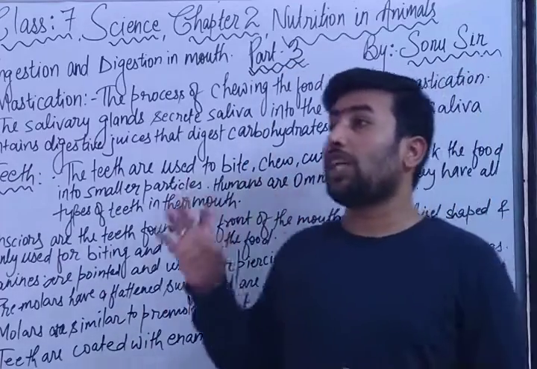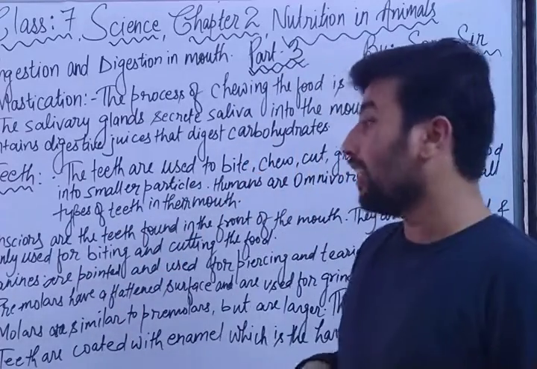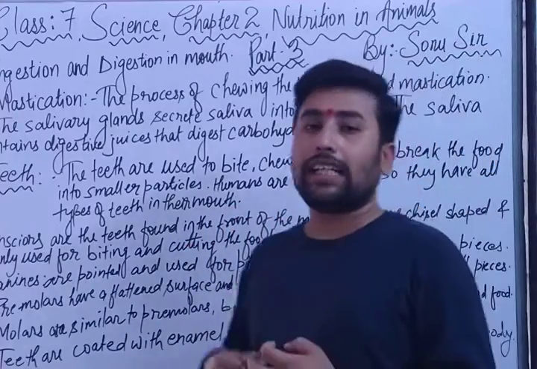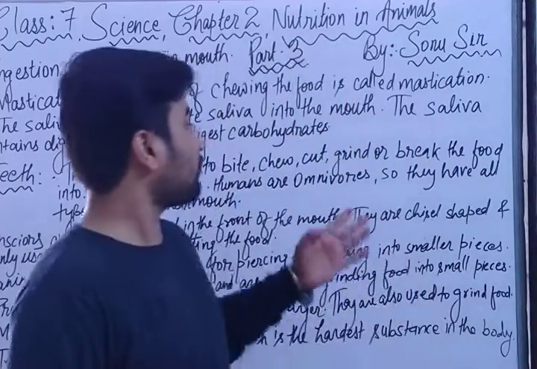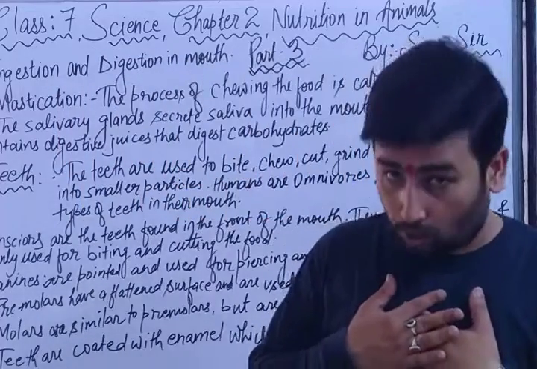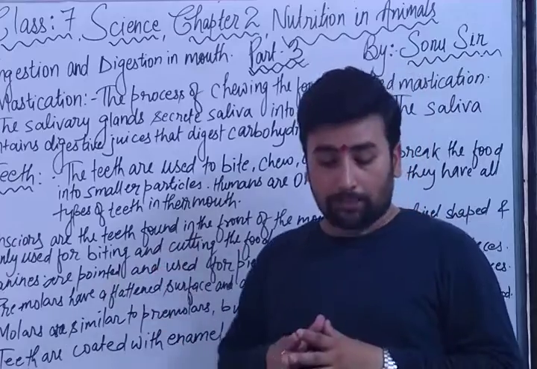Dogs also bite with their teeth, right? So the teeth are used for biting, chewing, cutting, grinding and breaking the food into simpler substances. Human beings are omnivorous, so they have all types of teeth.